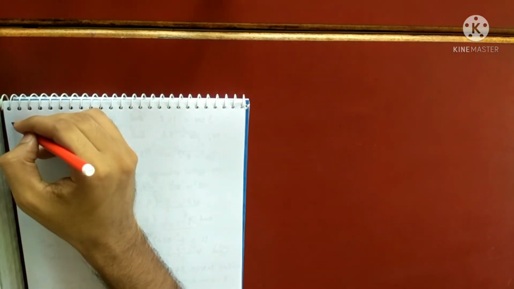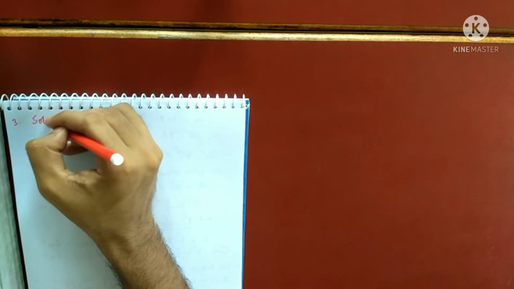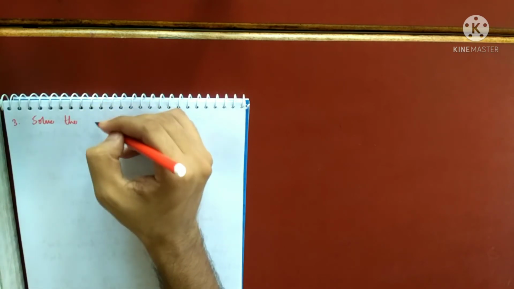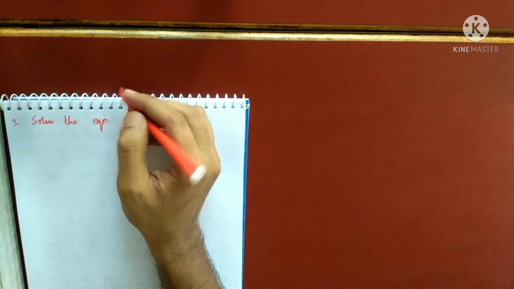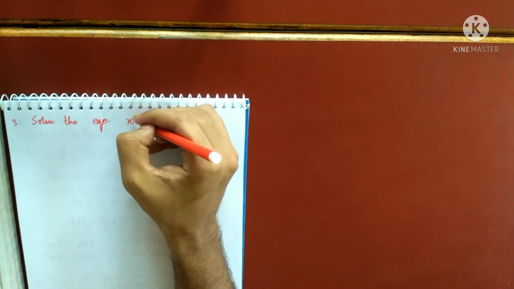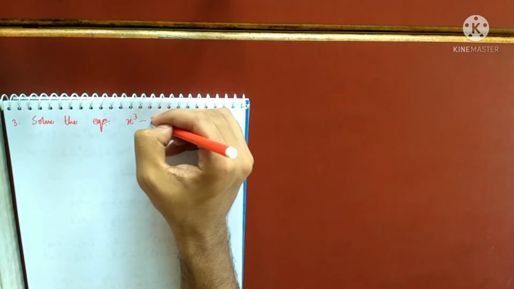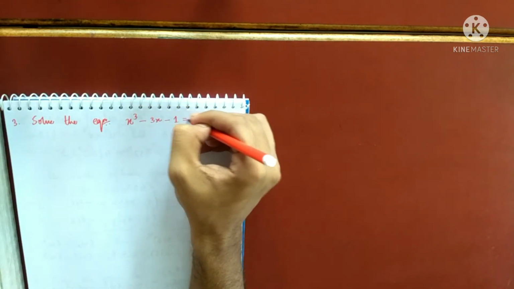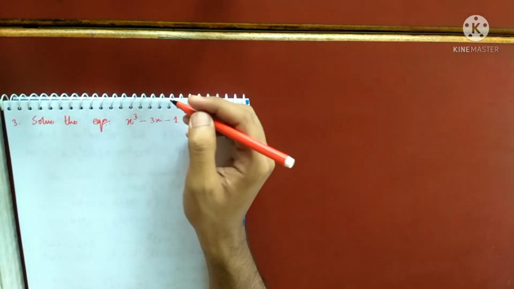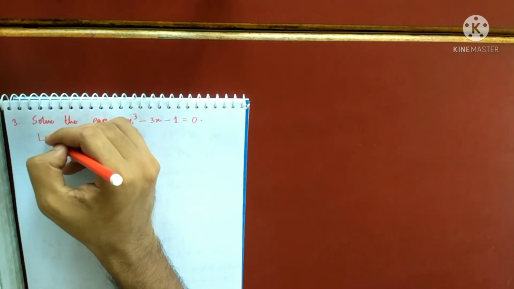So let's do one more question of a different type from Cardan's method. Number 3. Solve the equation x cube minus 3x minus 1 equals 0. So this is already in the standard form.